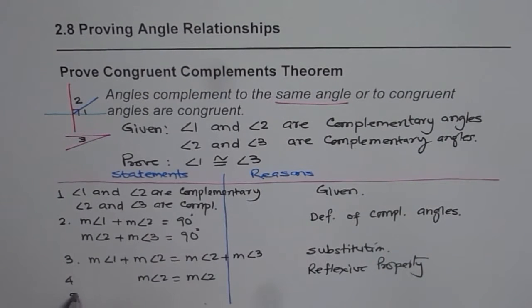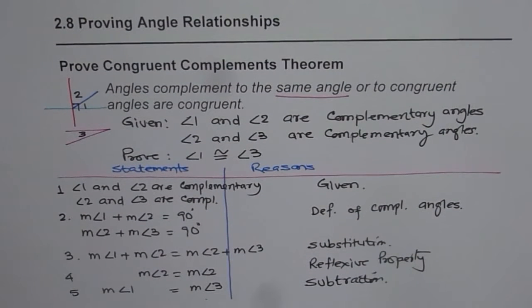And therefore, we get the measure of angle 1 as equal to the measure of angle 3, right? This is when you subtract the measure of angle 2 from both sides. So we did subtraction. When the measures of angles are the same, then the angles are congruent, correct? So we get that angle 1 is congruent to angle 3, and that is by the definition of congruent angles.